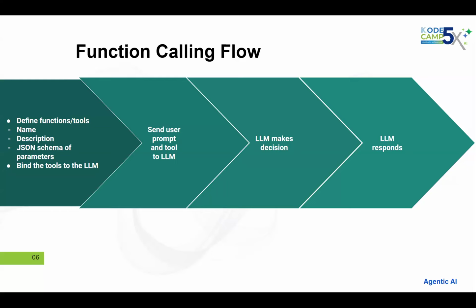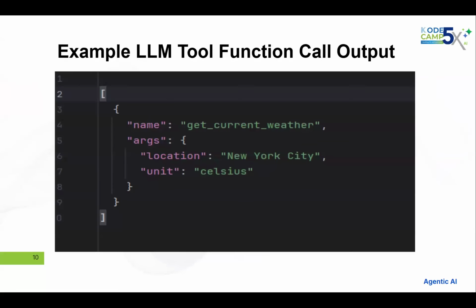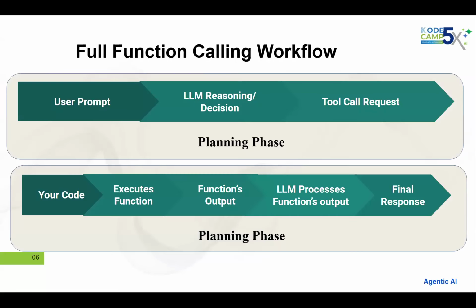This is the first phase, essentially. So I'll skip to where I have the two phases, and that's where we're continuing today. So in the full function calling workflow, there are two phases. Oh, the planning phase and the execution phase. I need to quickly fix that.